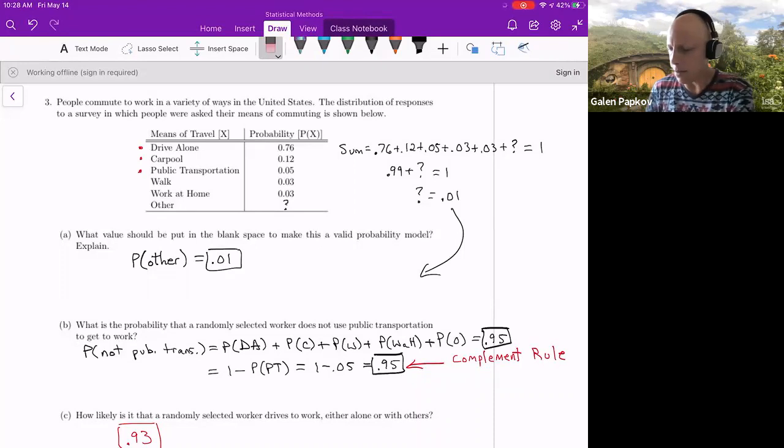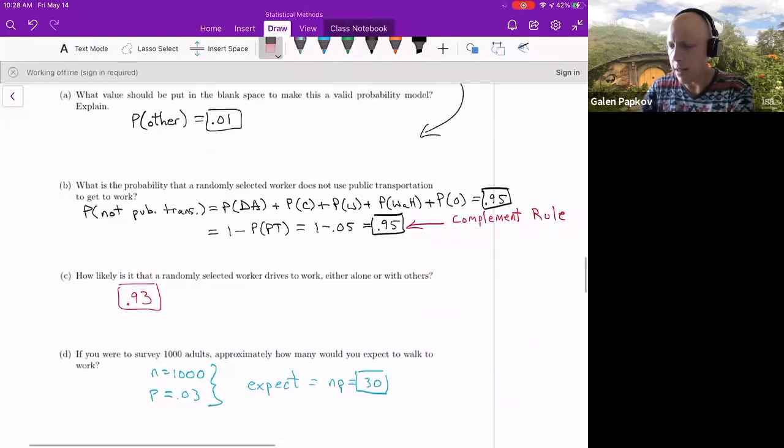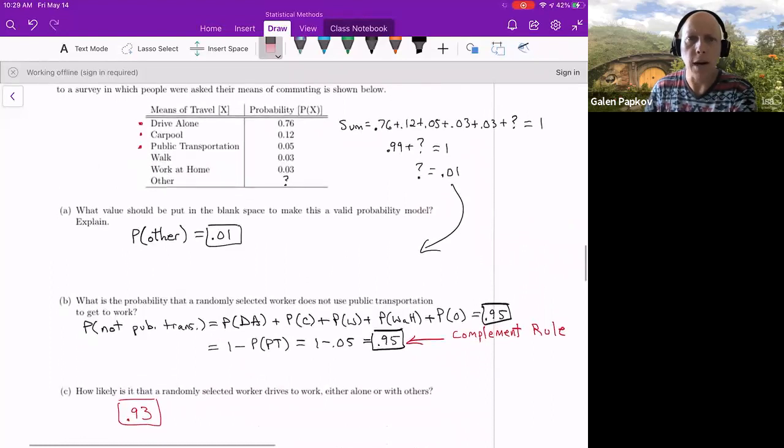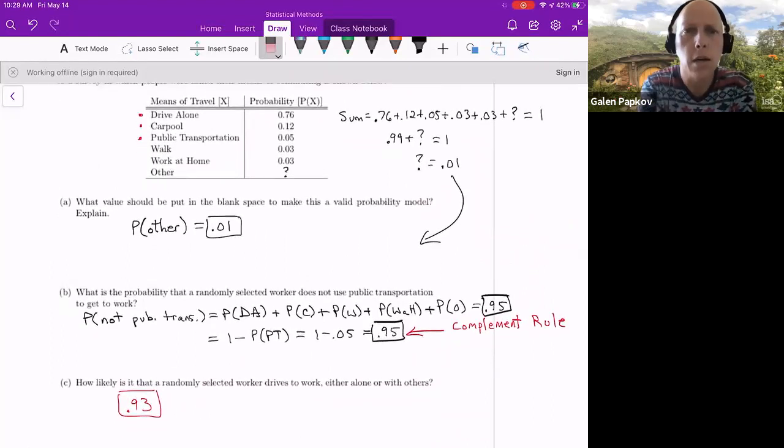Part C, how likely is it that a randomly selected worker drives to work either alone or with others? So now, drives to work either alone or with others. That would be the drive alone group, the carpool group, or you could even do the public transportation group in there.